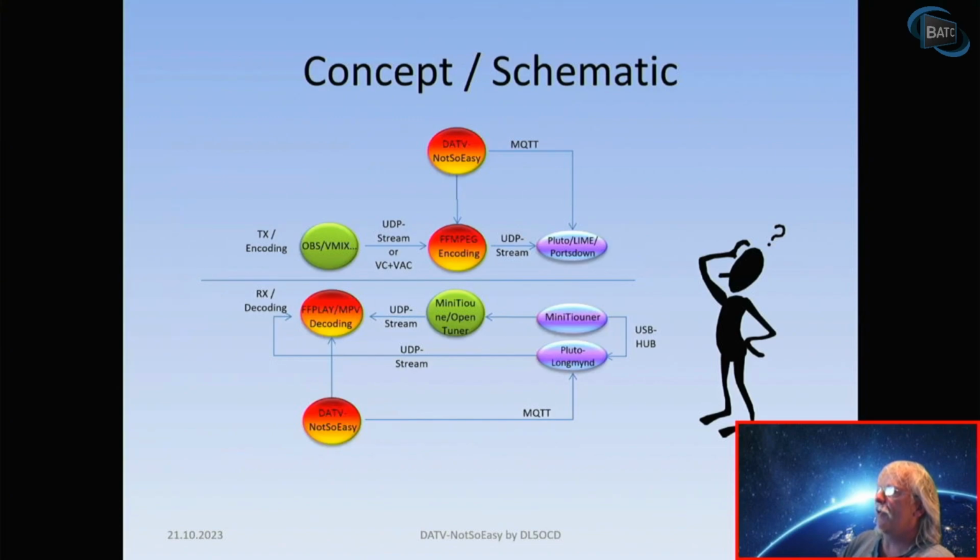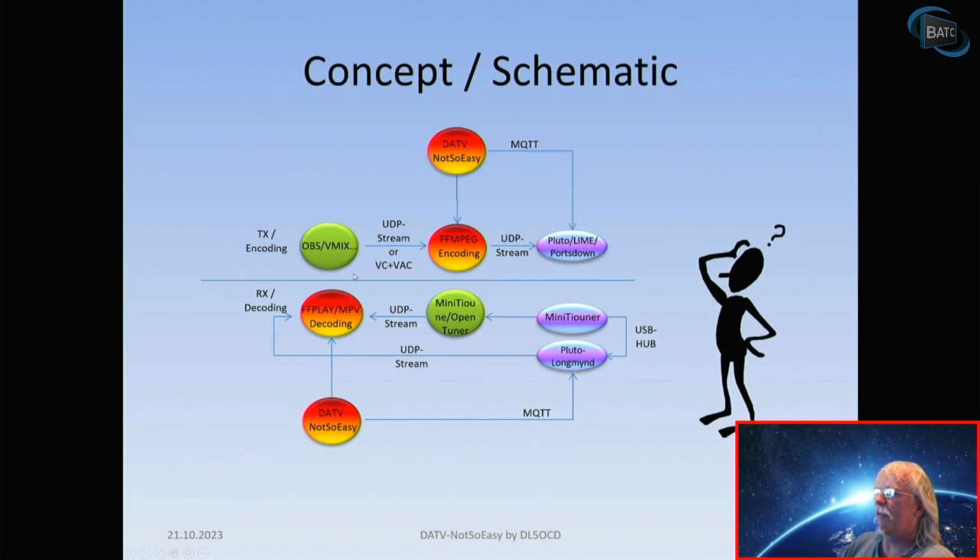Concept schematic. Here you can see that the DATV Not So Easy software steers FFmpeg. FFmpeg does the main job for encoding and decoding, using the UDP stream to the Pluto, for example.